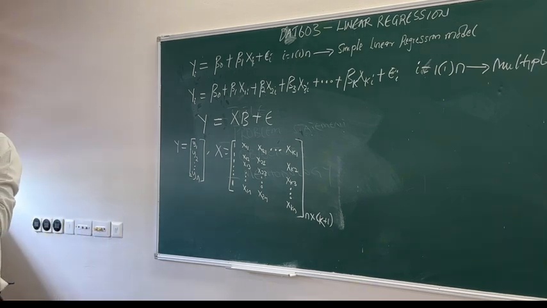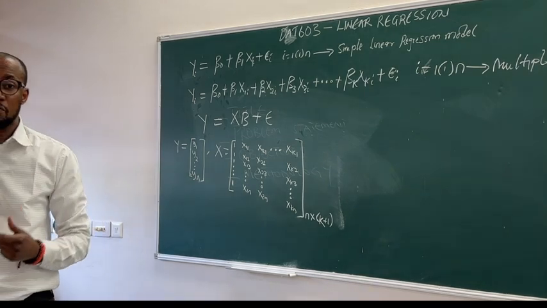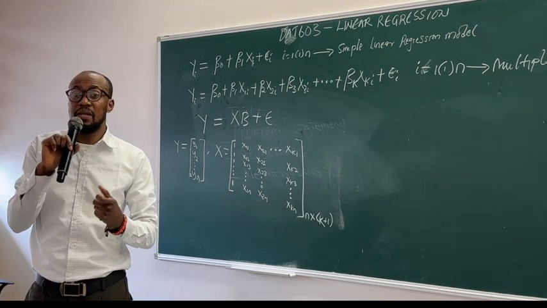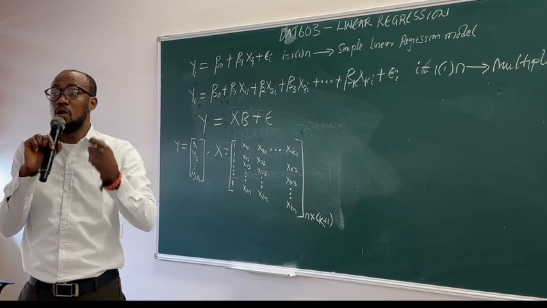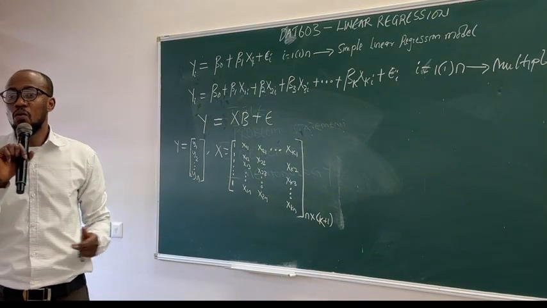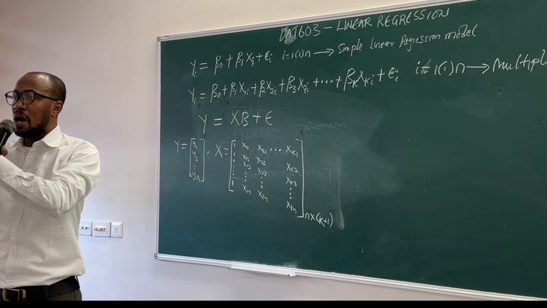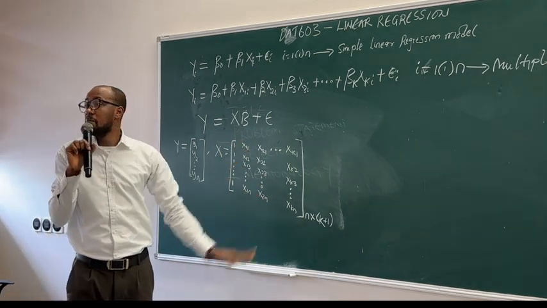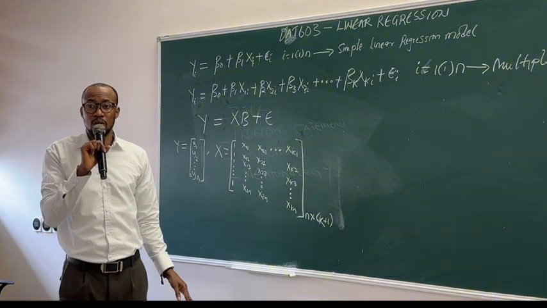That is the definition of the rank of a matrix: the number of linearly independent rows or the number of linearly independent columns. Now when we say a matrix is of full rank, if the matrix is symmetric, the rank of the matrix will be equal to n.